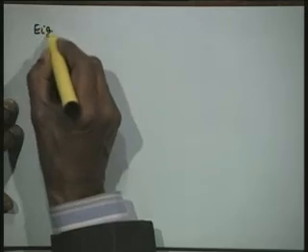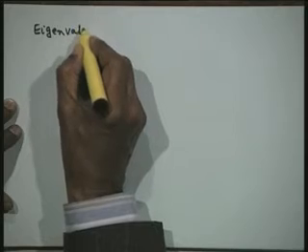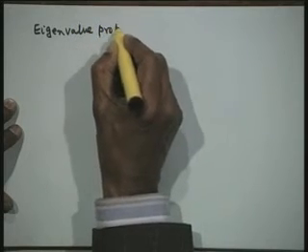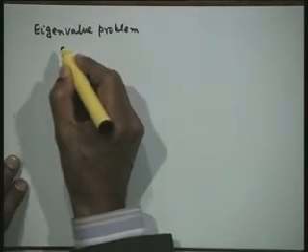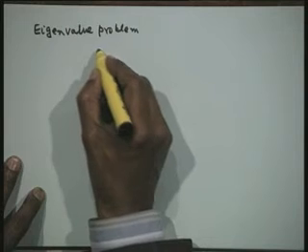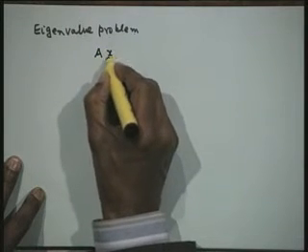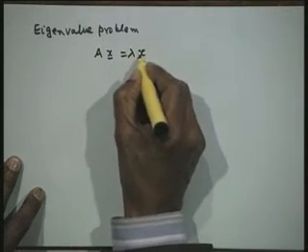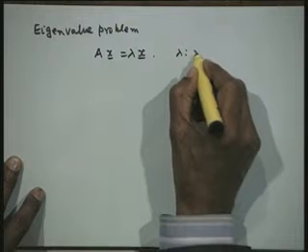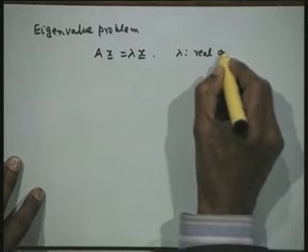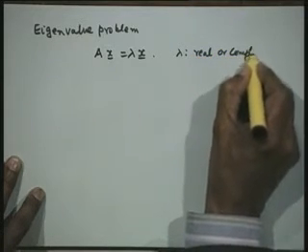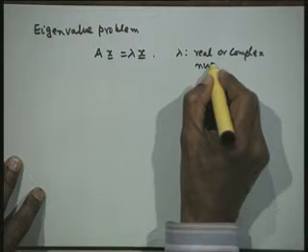Now, let us also define an eigenvalue problem which we already have learnt earlier. What we have here is a system A x is equal to lambda x, where lambda is a real or complex number.